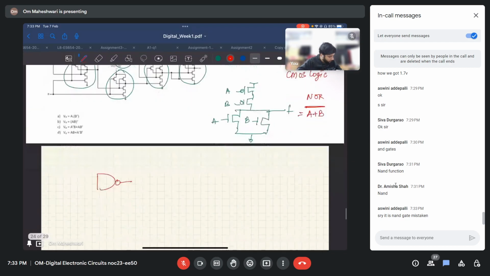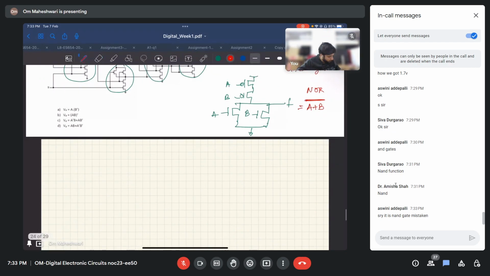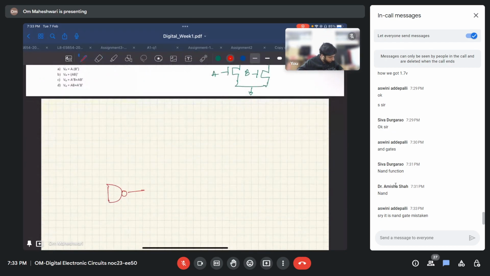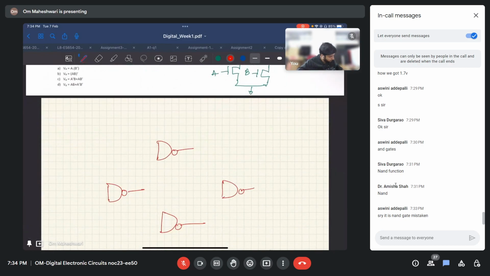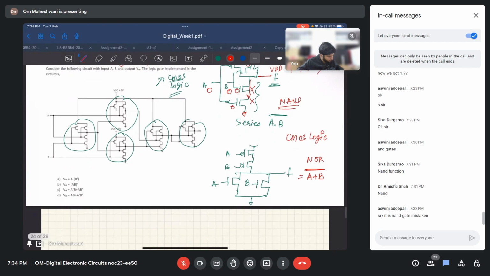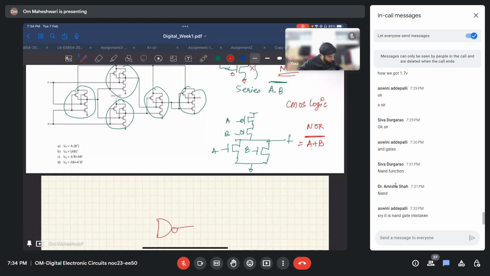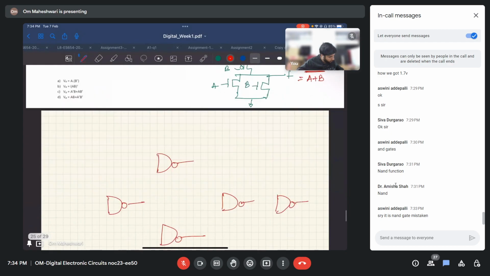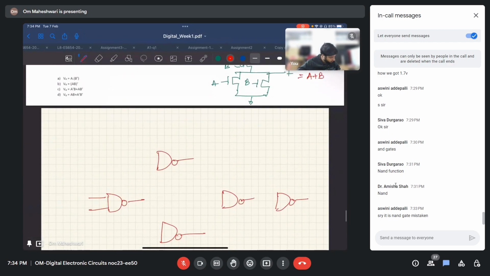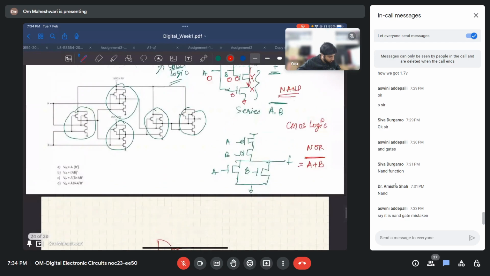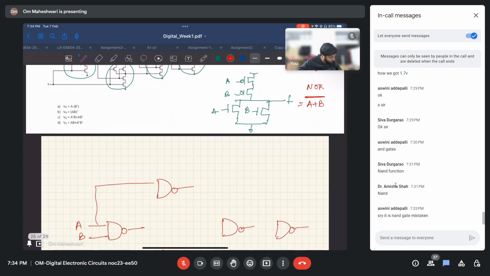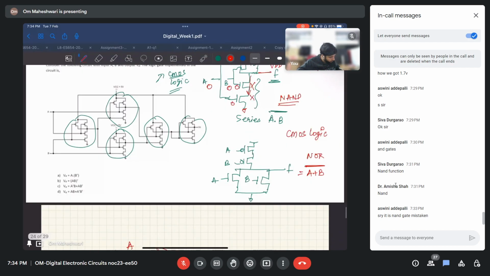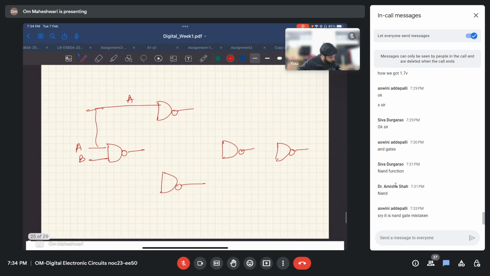The first one has inputs A and B. This one has one input A, and another input is this.